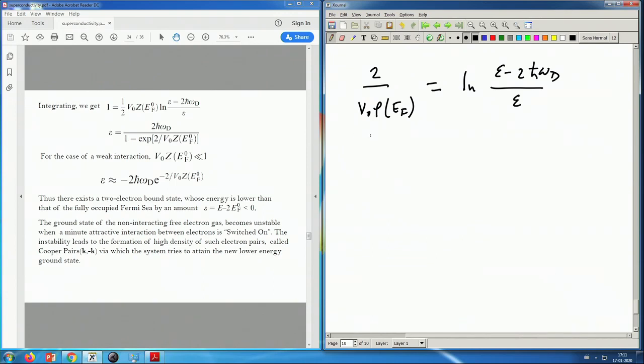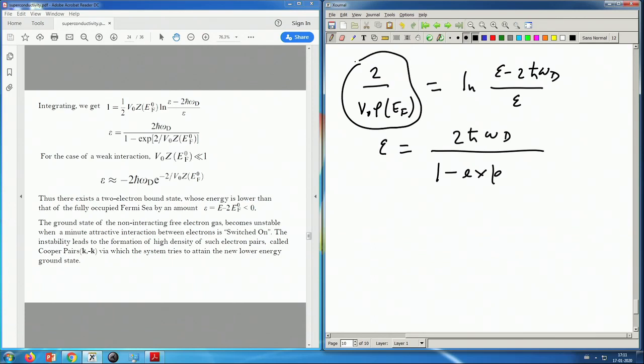And that means epsilon is equal to 2 h cross omega D divided by 1 minus exponential of this quantity, 2 by V0 rho E_F, which I exponentiate.